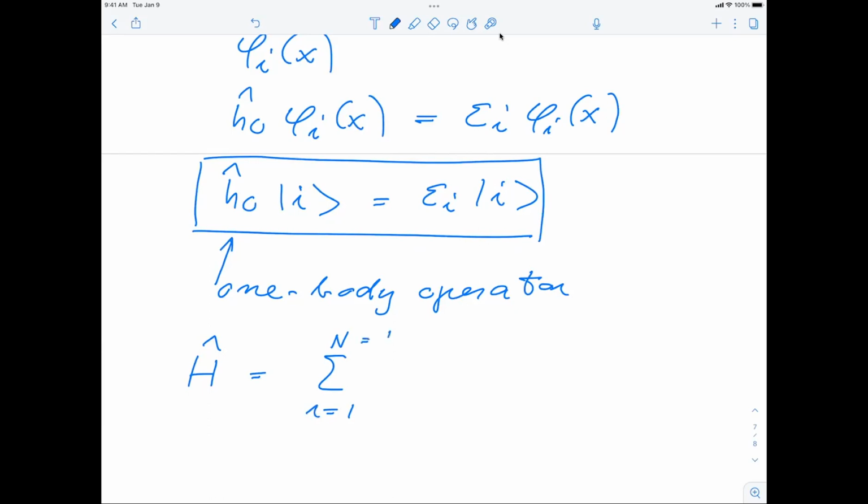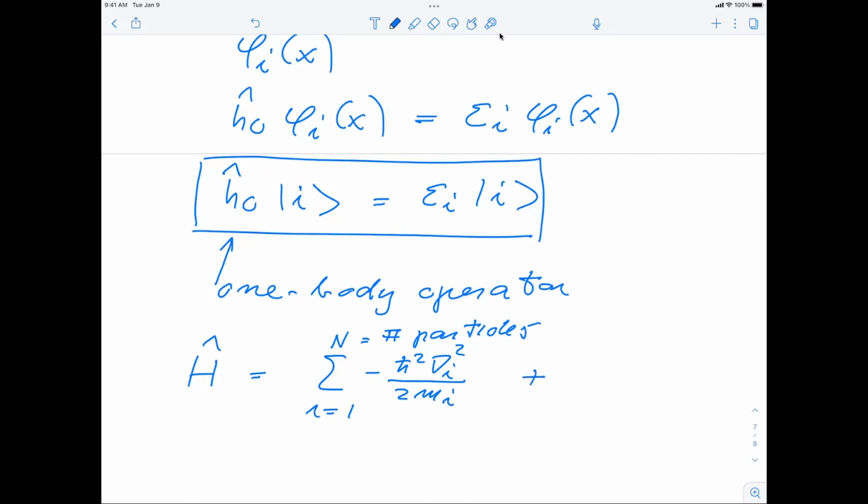So this is the number of particles. And we are going to have a kinetic energy piece, which we are going to write like this. So this will have a nabla_i squared. We are now specifying this to be a three-dimensional object, and then we have 1 over 2 m_i, if the particles are different.